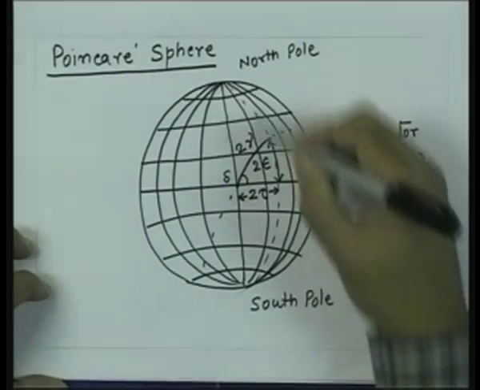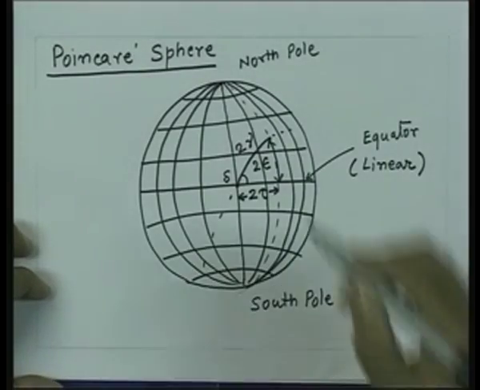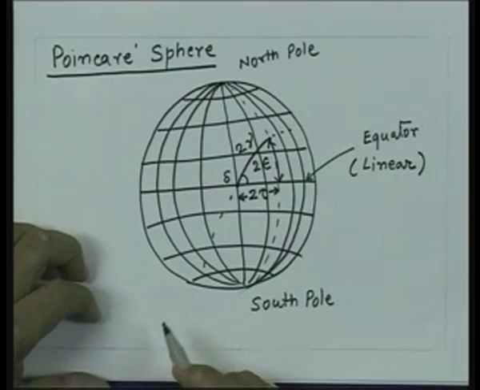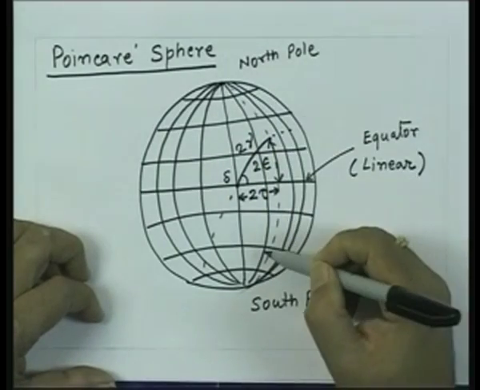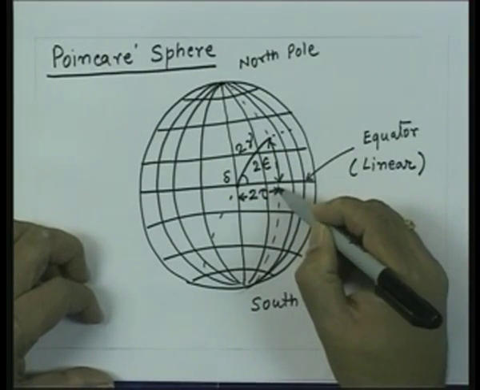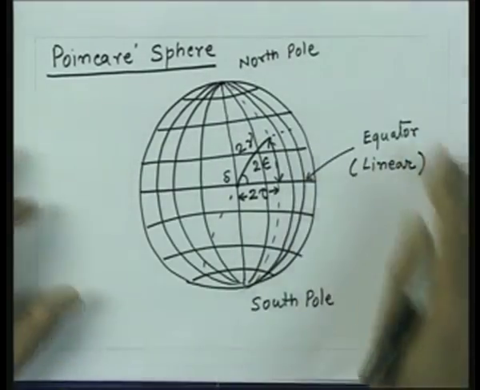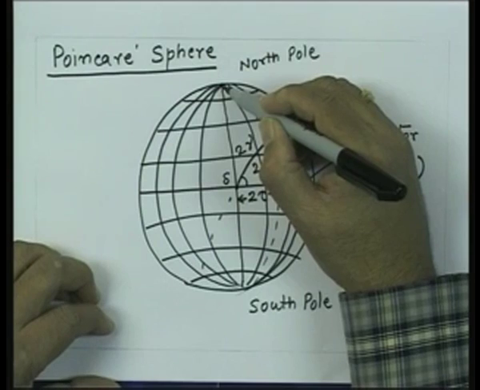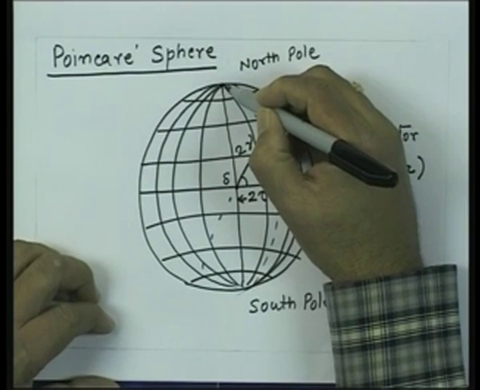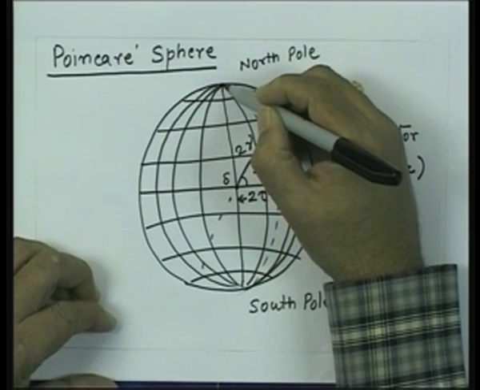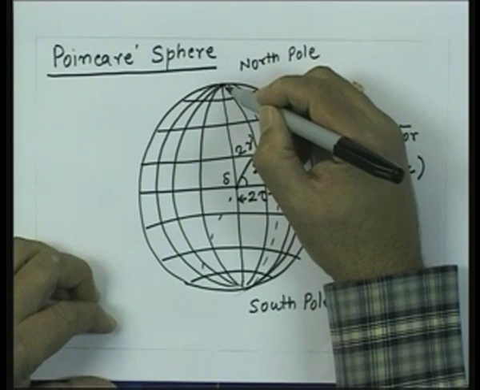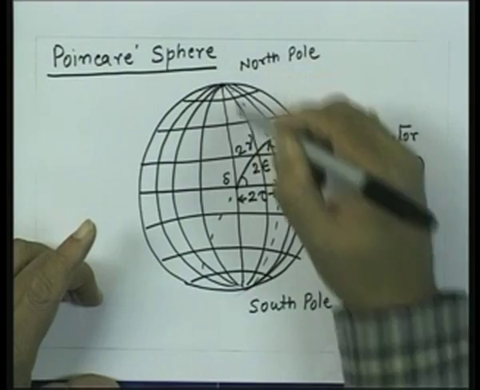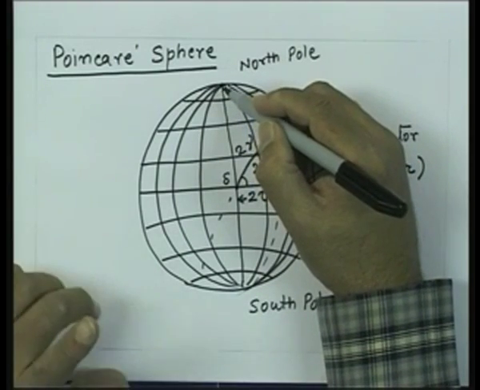Let us take some other special points. Let us say I take the North Pole. For the North Pole, 2 epsilon has become 90 degrees, so epsilon has become plus 45 degrees. If epsilon is plus 45 degrees, the axial ratio is equal to 1, and if the axial ratio is 1, that represents a circle.